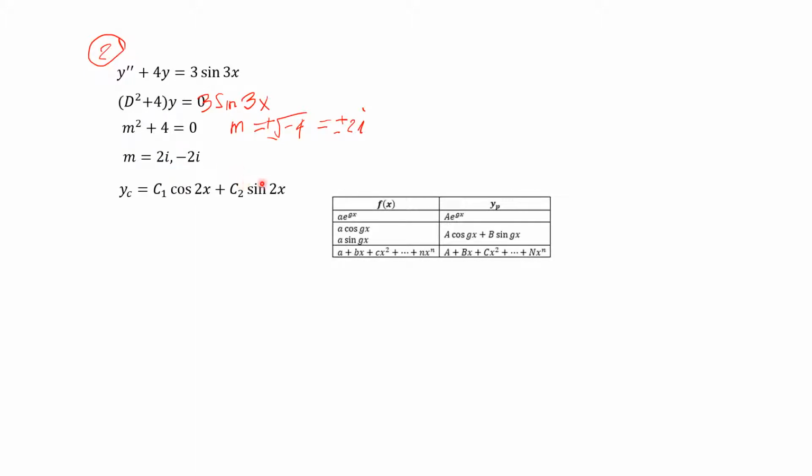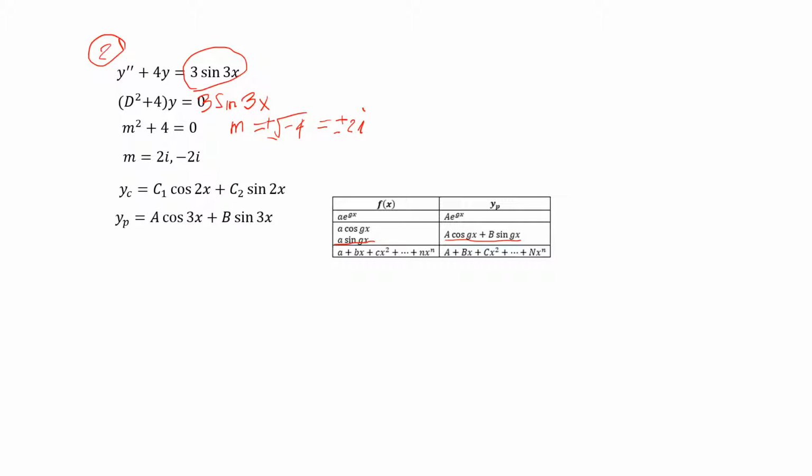Then to get y sub p, we will analyze the right side, which is 3 sine 3x. Now where is it here? So here it is located here. Our general solution is of the form a cosine gx plus b sine gx.